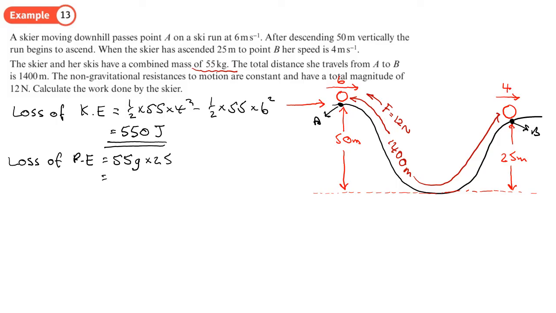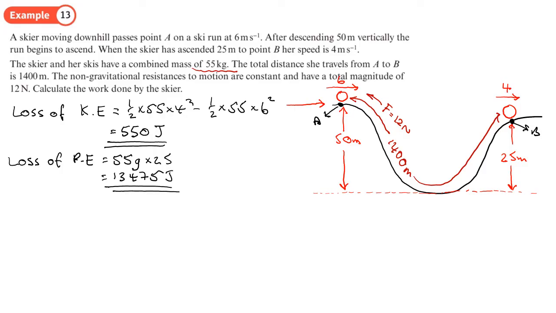Okay, so 55g times by 25. So we get they've lost 13475 joules of potential energy.